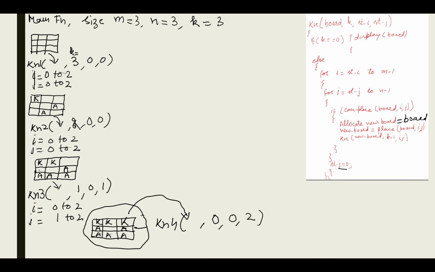So we are now checking at 1 0. Remember, for this function kn3, this is its board, and whenever it is checking, it is checking in this board. Again we can place here because this is an empty position. So a new board will be created from the board, but this time different from the previous one. First we copy all the positions which were marked there.